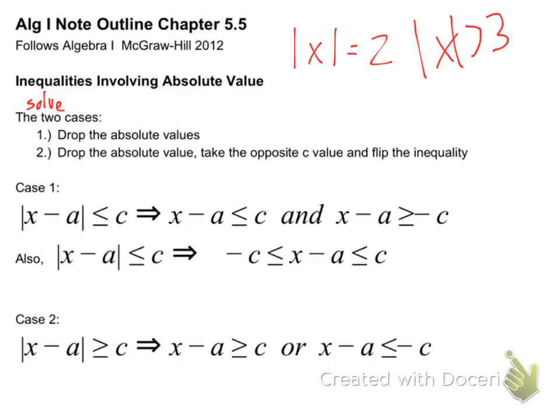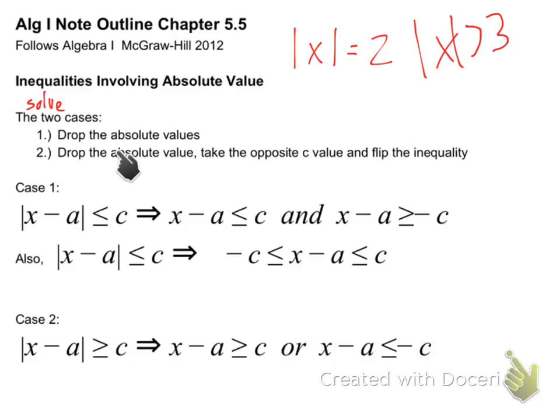So, here's the cool thing. In both cases, you're going to have an absolute value of something, in this case, x minus a. Absolute value of x minus a, and we are going to be less than or equal to c for this case. To solve the problem, steps 1 and 2 both give you half of the solution.